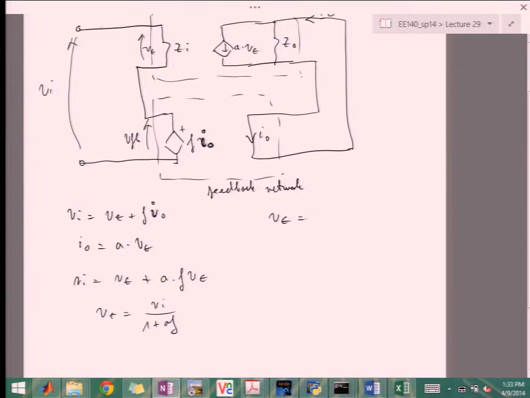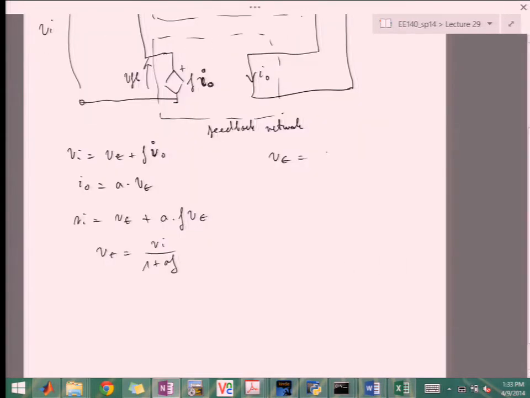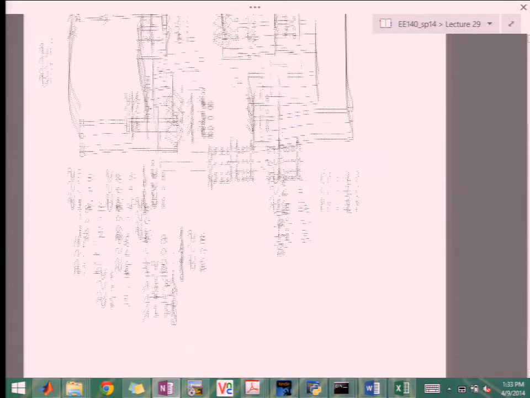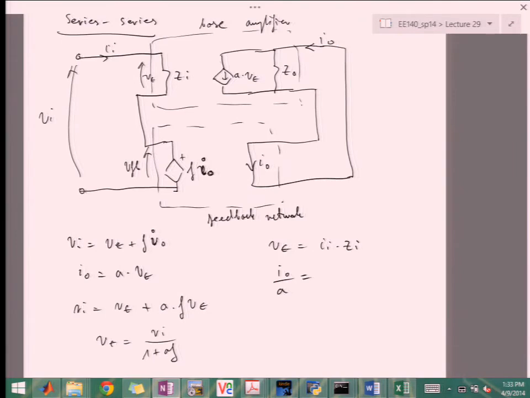So V error, on the other hand, is the II over, and then we have IO over A, which is VE.